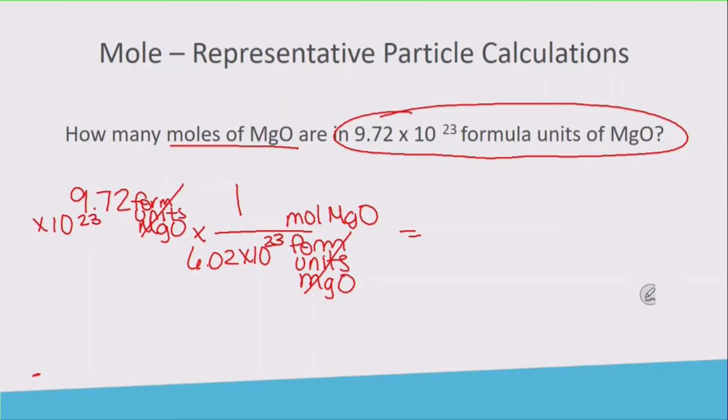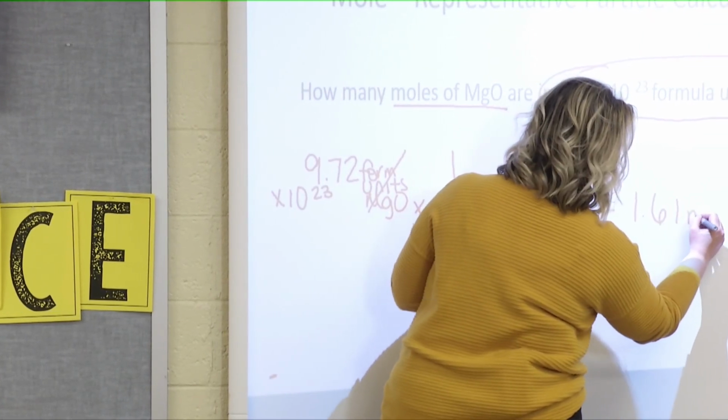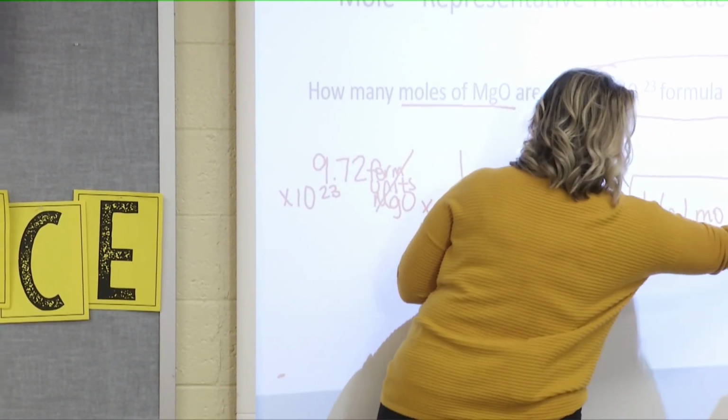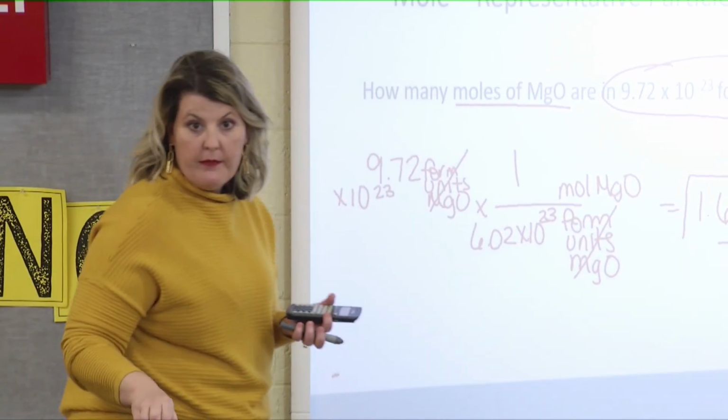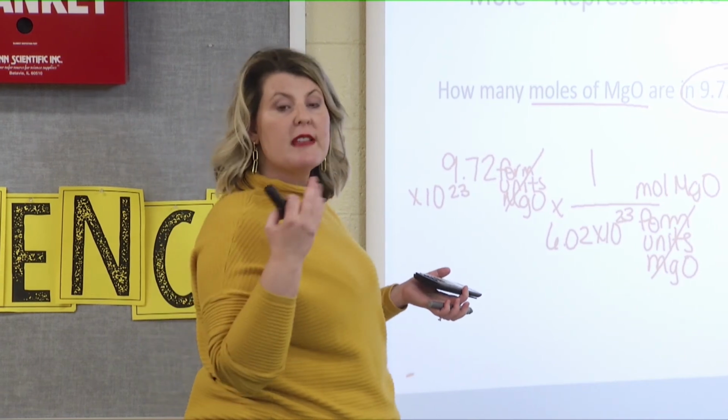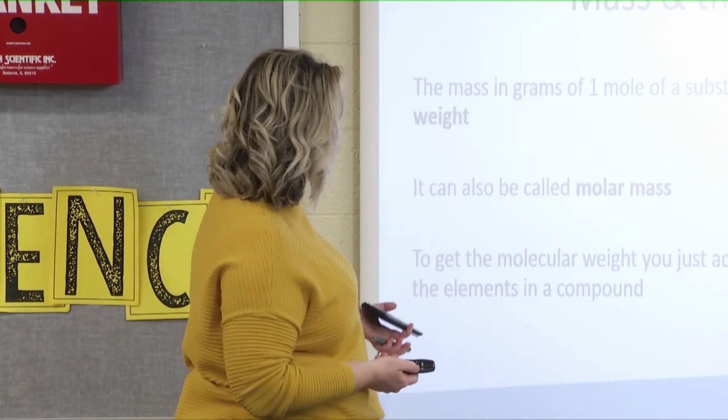So I'm going to say 9.72 EE23 divided by 6.02 EE23. And that gives me, to 3 sig figs, 1.61 moles of MgO. Everybody feel good about going from moles to molecules and moles to formula units?